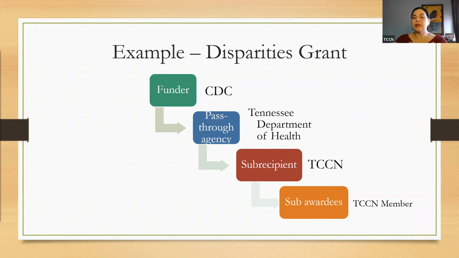Now, we opened the process, we gave you an orientation, and everyone that provided a letter of interest will be able to then later sign a contract. That will be the sub-awardee, and those are the TCCN members that have elected to participate. And in that case, you see this, it's like step by step.